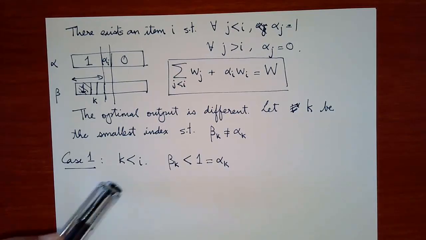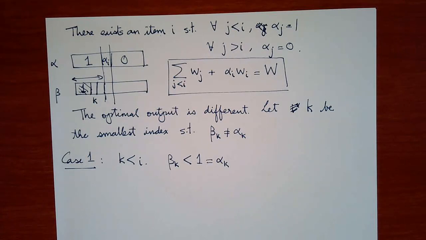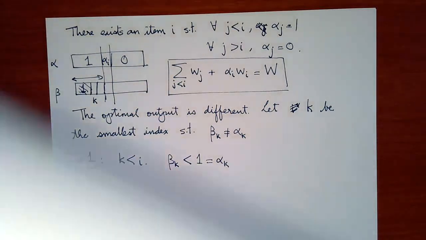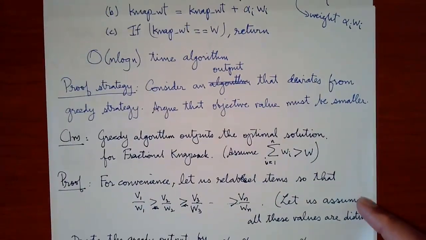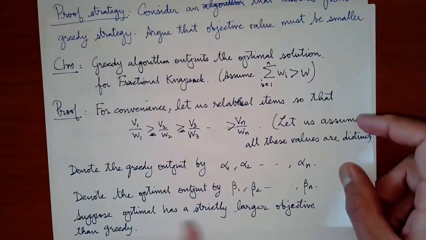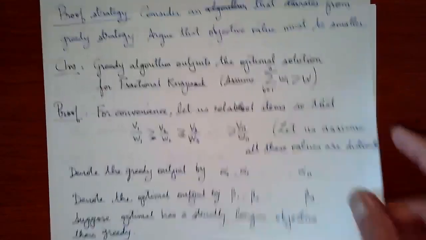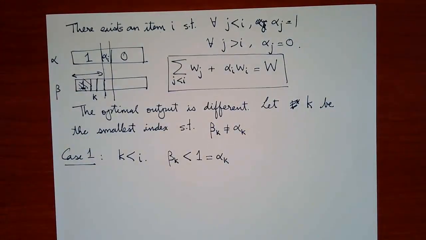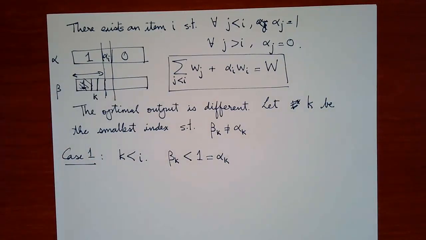No, there has to be a contradiction in this case, because when k is less than I, you want to get a contradiction to the fact that optimal has a strictly larger objective. This is what you're contradicting. We need to argue that somehow the optimal strategy actually made a bad choice. Why?